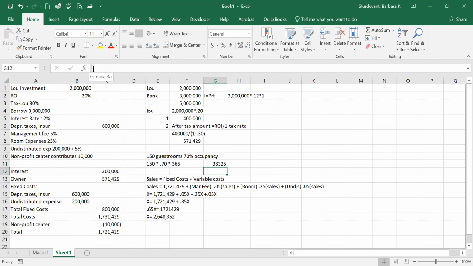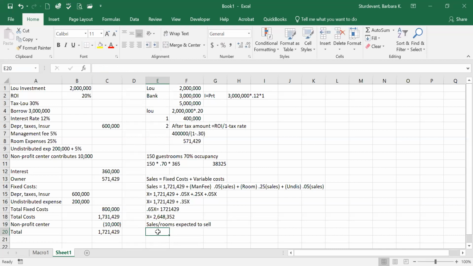So what we do down here is we take our sales and we divide by rooms expected to sell.